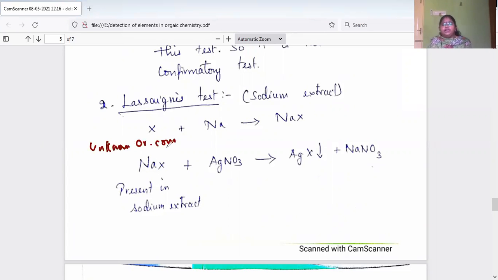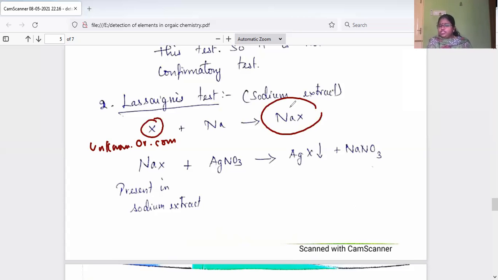In that, the halogen alone reacts with sodium. In Lassaigne's test, in an ignition tube, you take sodium and the organic compound which has halogen, boil it, and the final solution is the sodium extract.